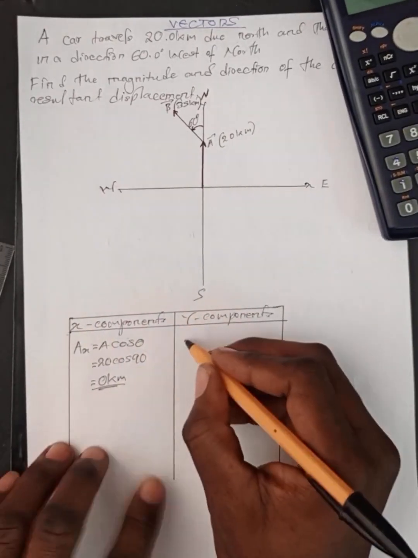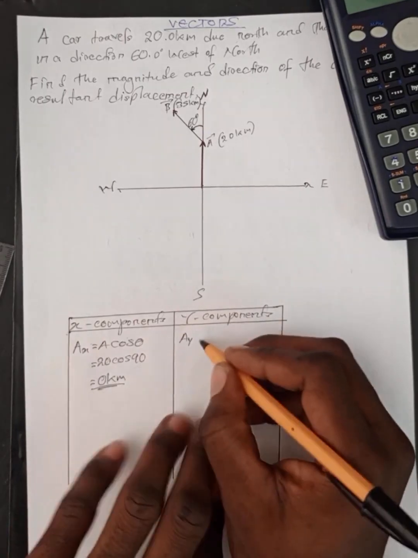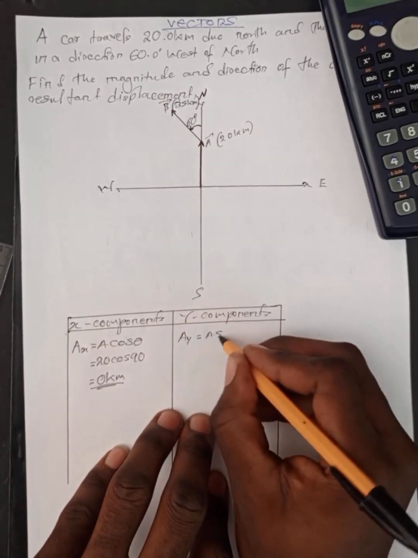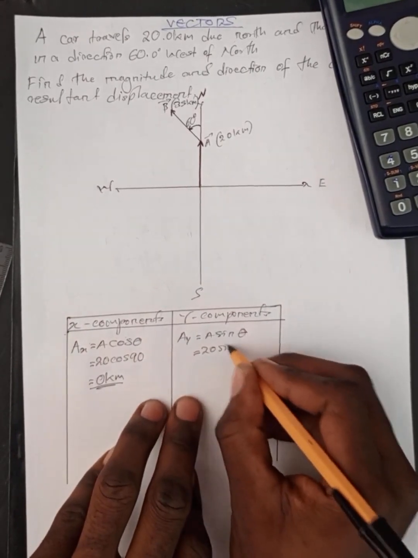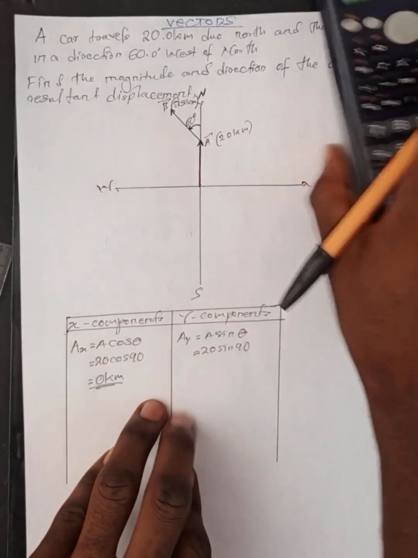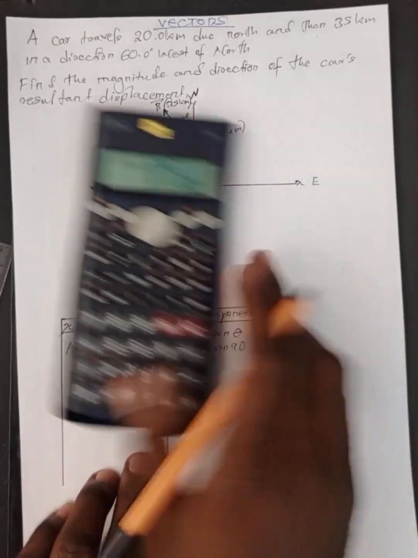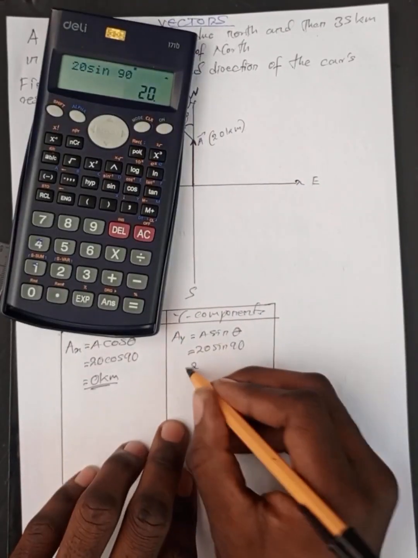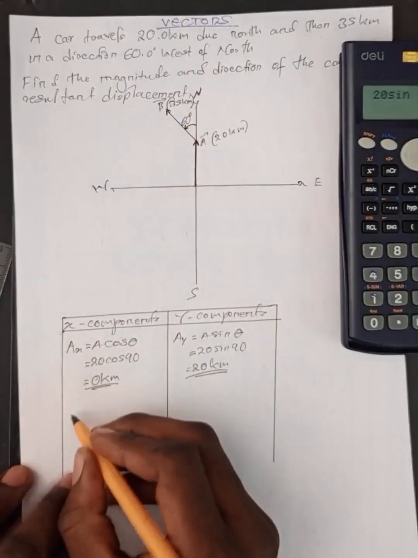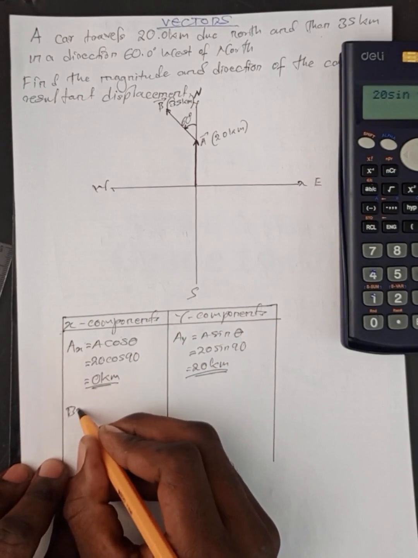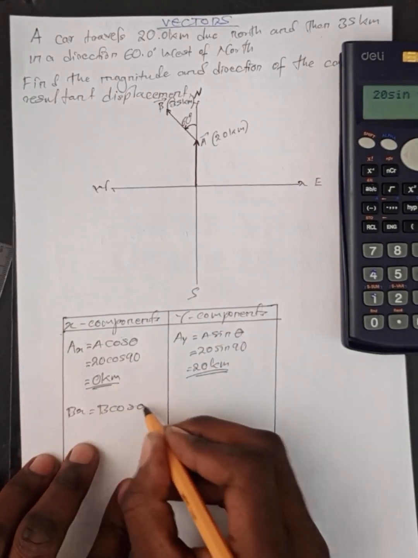Then we have A in the y-axis, so A sine theta. 20 sine 90 is 20 kilometers. Then you come to your B. Bx is B cos theta.